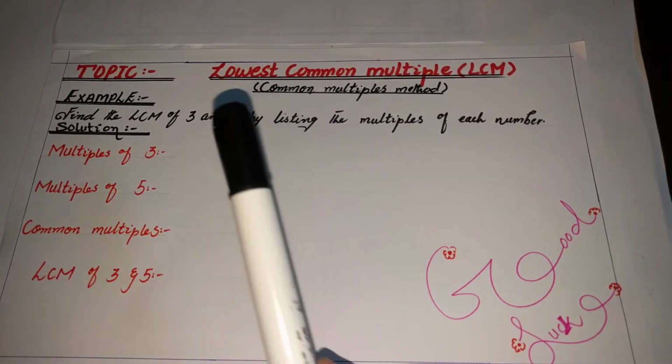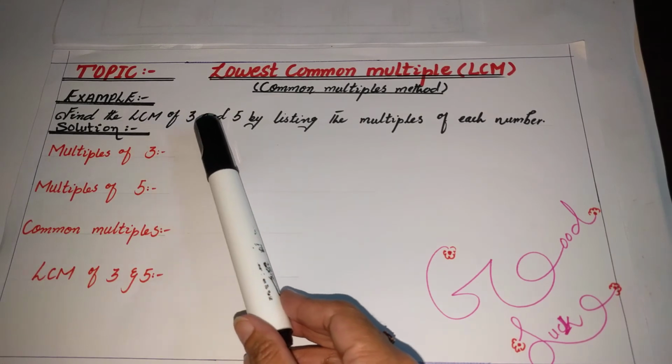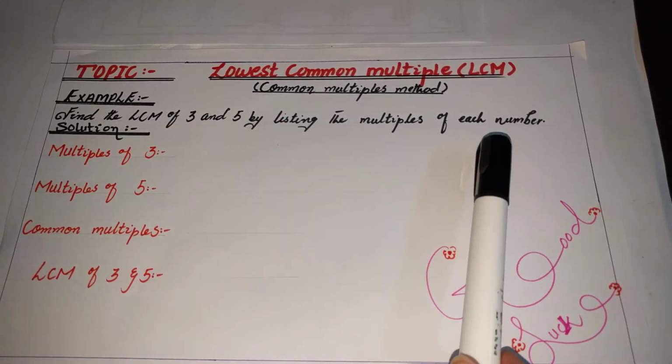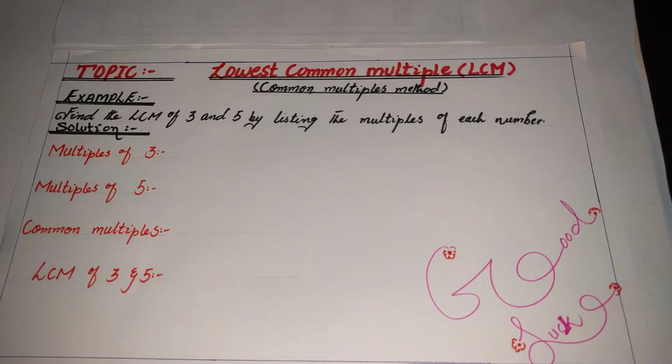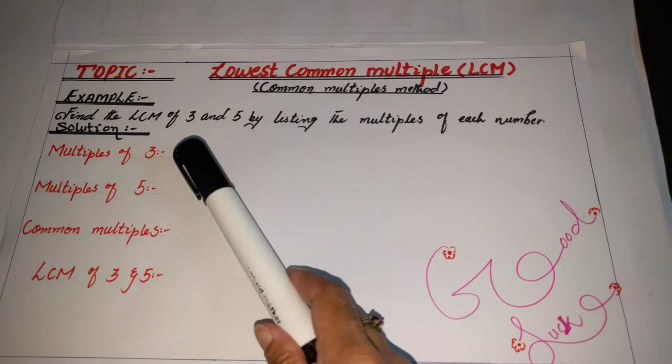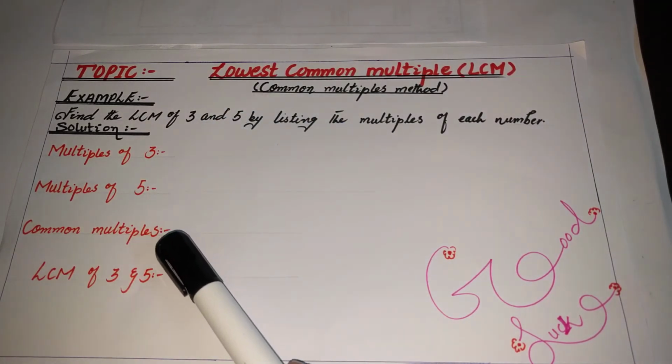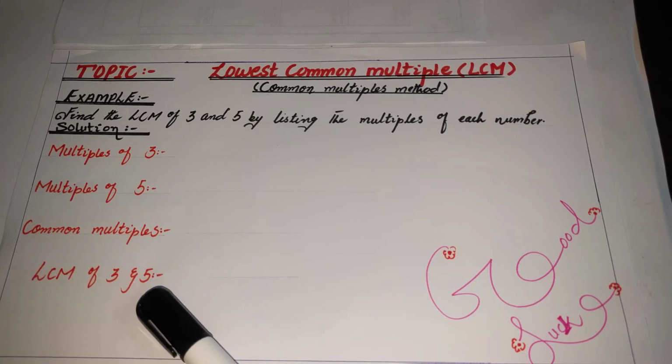So let's start the example. Find the LCM of 3 and 5 by listing the multiples of each number. Means you have to find the multiples of 3, multiples of 5, then common multiples of 3 and 5, and then LCM of 3 and 5.